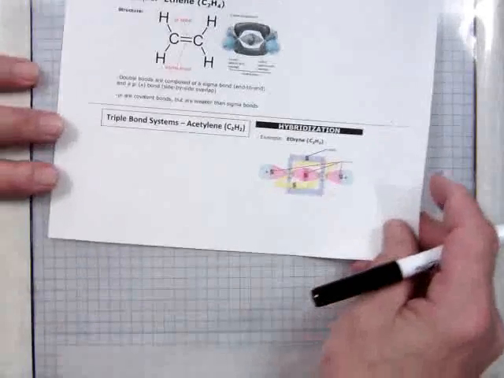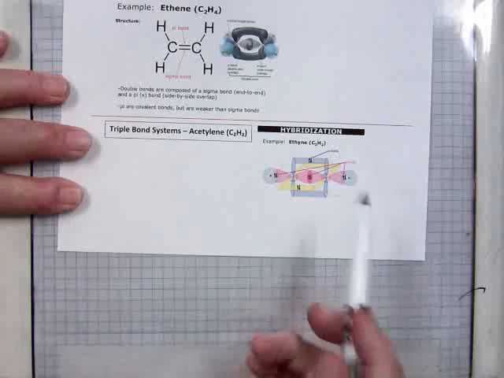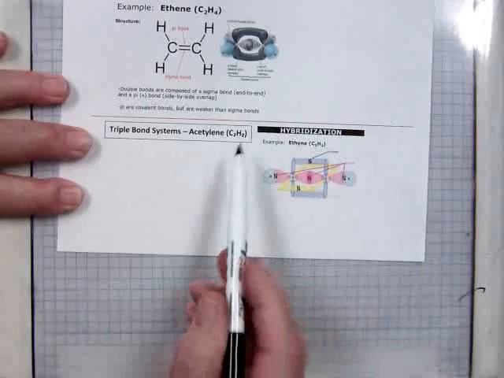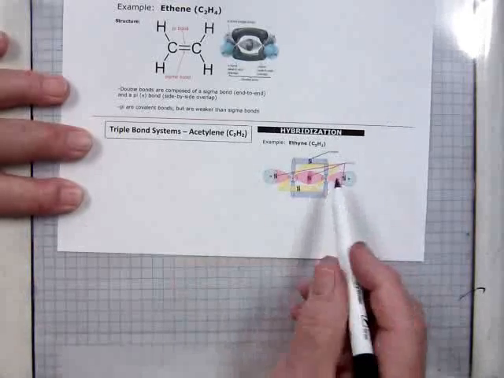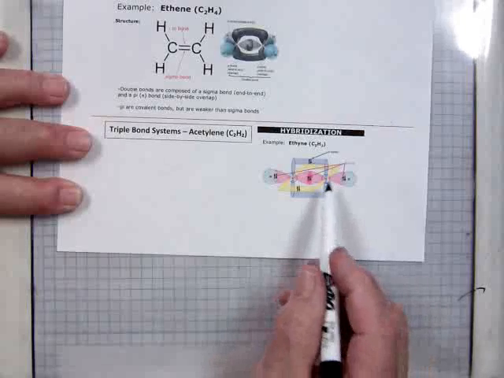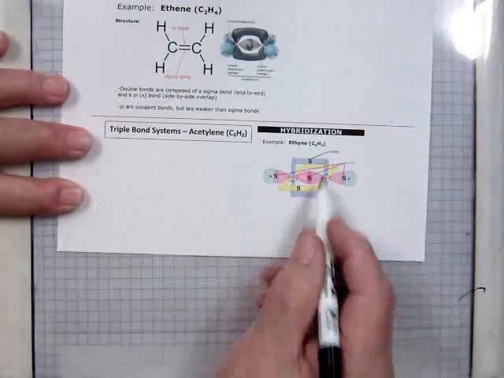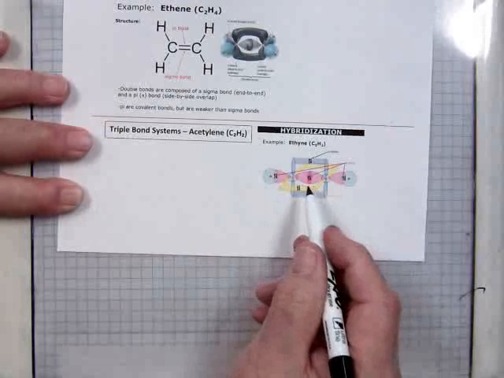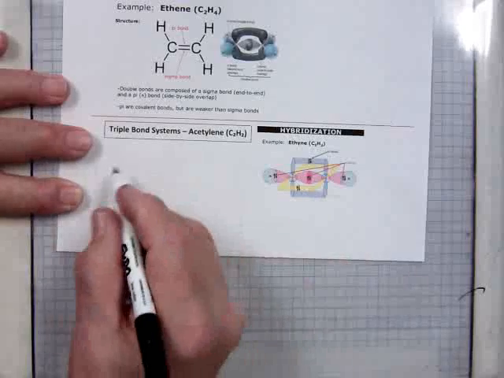If you look at your handout at the bottom, here is an example of a triple bond, acetylene. Now, it's a little difficult to see this, and I thought I had another plate, but you have two unhybridized p orbitals forming two pi bonds.